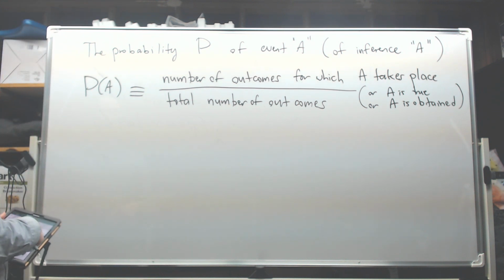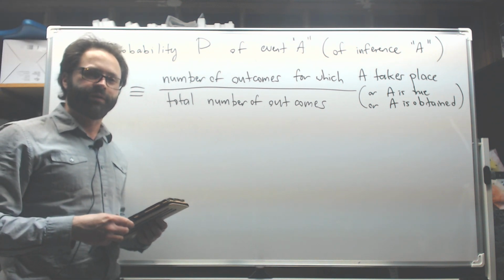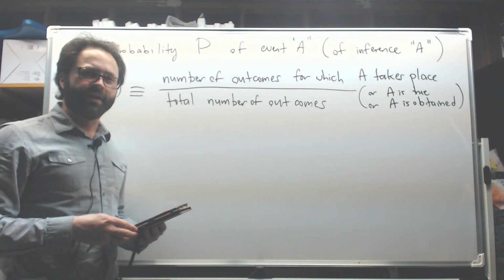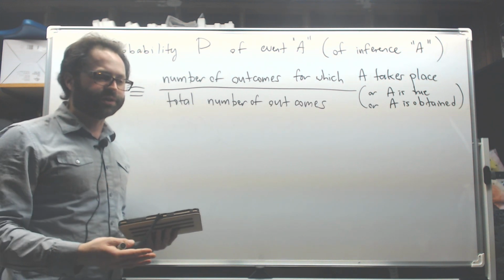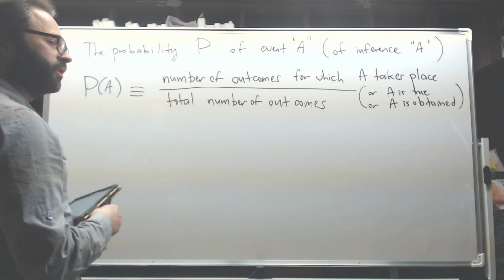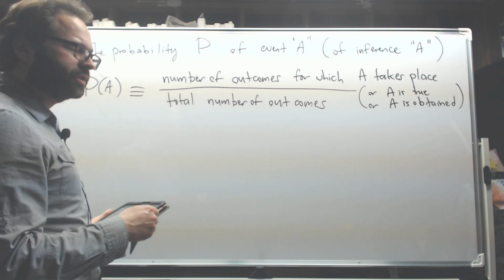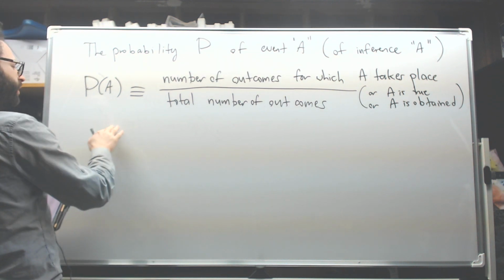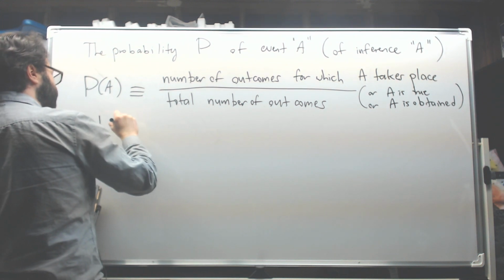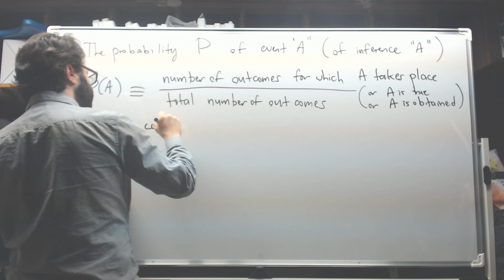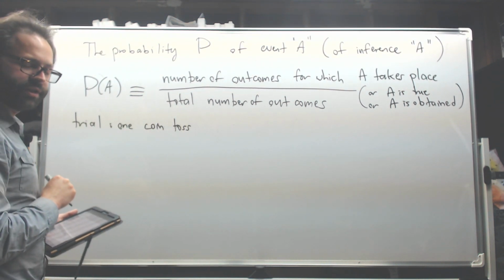Now, the set of all possibilities has a name. Again, we're following the lecture notes pretty closely here. And the name that goes along with the possibilities or the inferences that are possible under a certain hypothesis, under a certain scenario, is called the sample space. So for example, for a trial that looks like one coin toss, the sample space contains two elements.